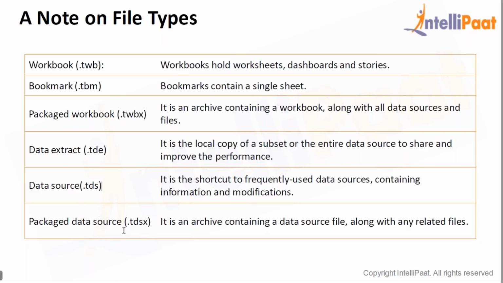So your packaged data source will have your TDS file as well as your data extract, right? With this packaged data source, you have your extract and the necessary changes made to the data source, right?